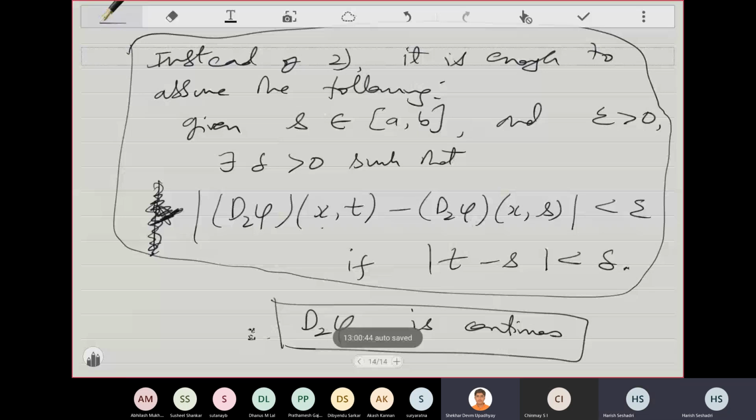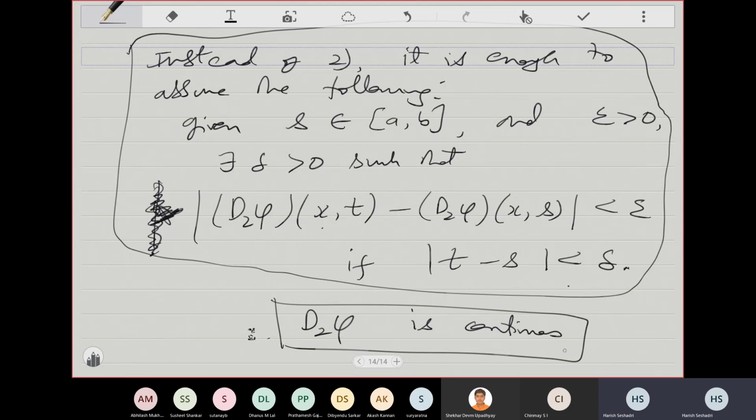That's correct. So when I work with full continuity of a function, I don't take the same x for both. It's continuity of a function in R2, not continuity of a function in R. So I'll have to vary x as well. As long as I have (x prime, t) and here (x, s), all I require is x prime is close to x, t is close to s.